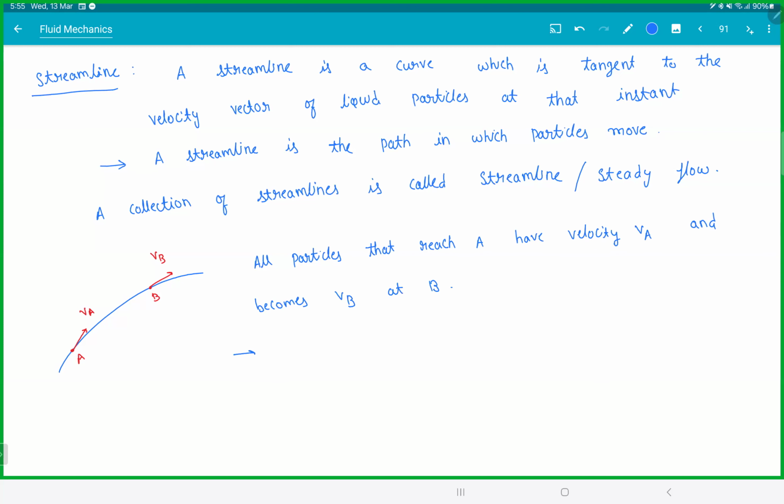So here, the velocity of the particles can change with position, but at a fixed position it does not change with time. That is the meaning of a steady state. In this case, it's a steady flow.